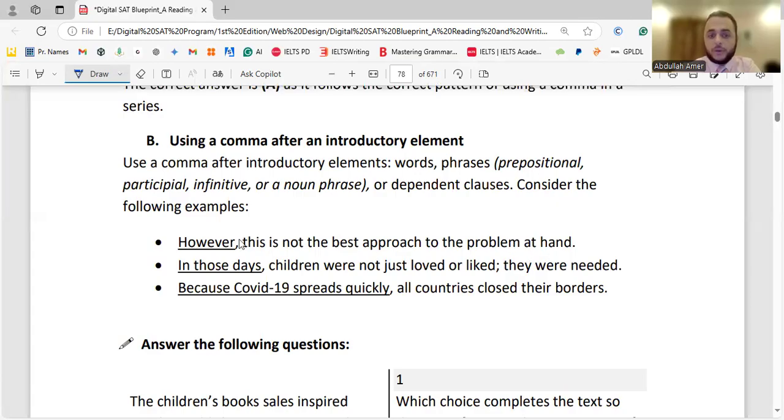And after "however," we have a comma. "In those days, children were not just loved or liked." "In those days" is a phrase. So here, word, phrase, and finally, here we have a clause. This is actually a dependent clause.